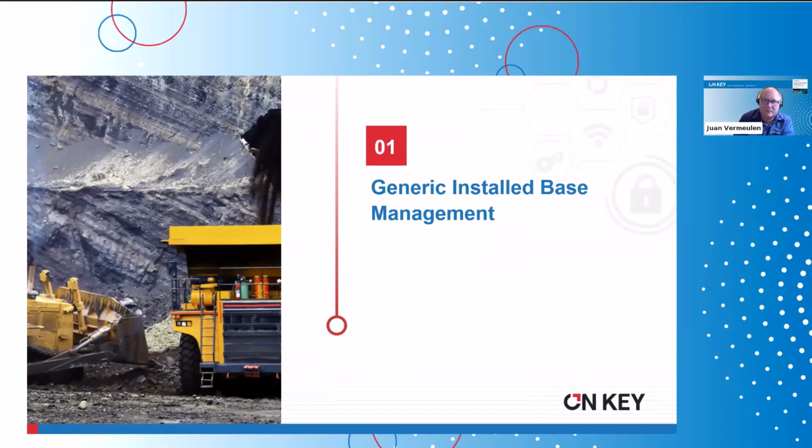I'm the product owner of OnKey Plus. So I'm going to talk a bit about what we've done lately in how you can customize your physical install base, after you've specified your generic install base. But I'm just going to take you through a journey of how you set up your generic install base and the intent of it and how it flows through all the way to your physical one.